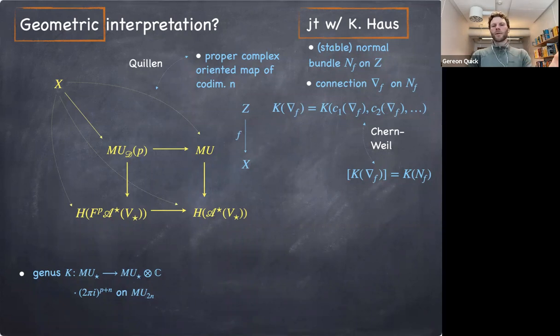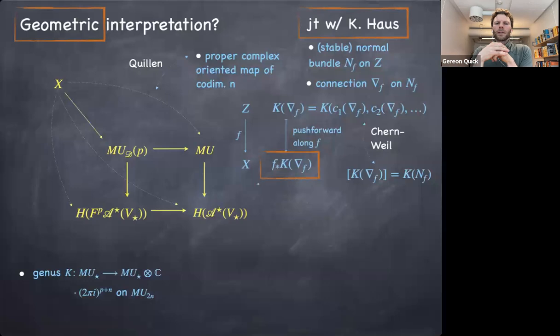Well, we take the push forward of our form, the push forward along F of this K of nabla F down to X. Now this looks very much like, well, we would love to say it is a smooth form and could maybe give us some hint of what this vertical map could be.